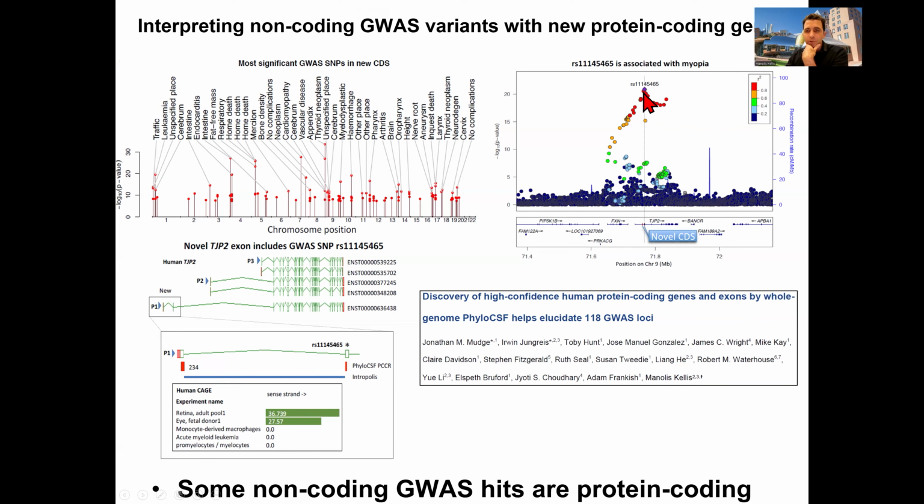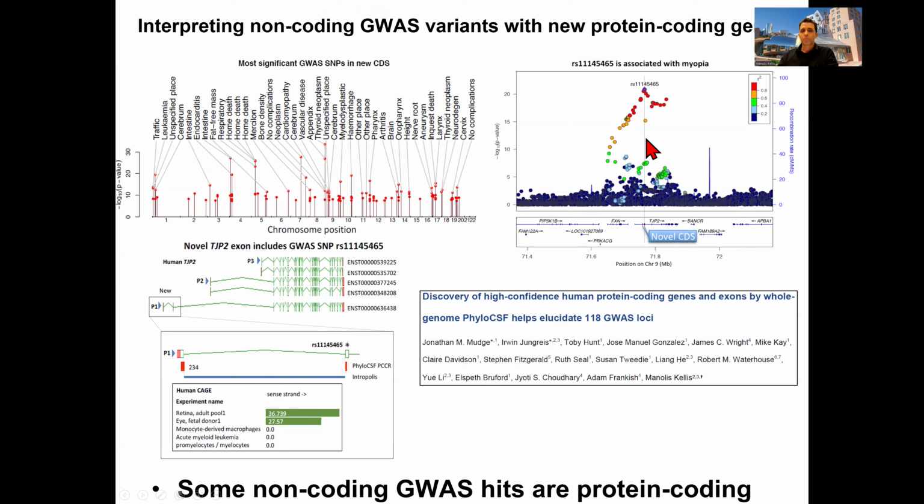We were blind to it for some reason. That region was previously thought to be non-coding, but now the genetic signal you can see localizes exactly at this coding exon, which is expressed very specifically in the retina of an adult and the eye of a fetus.